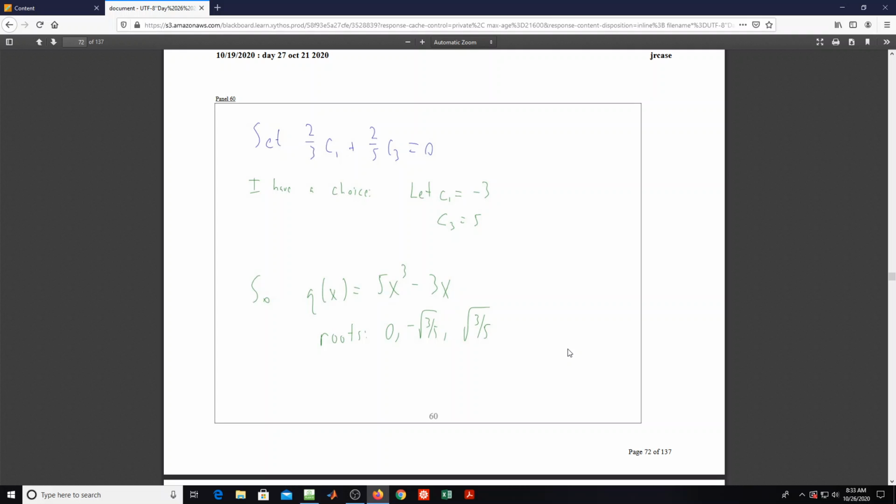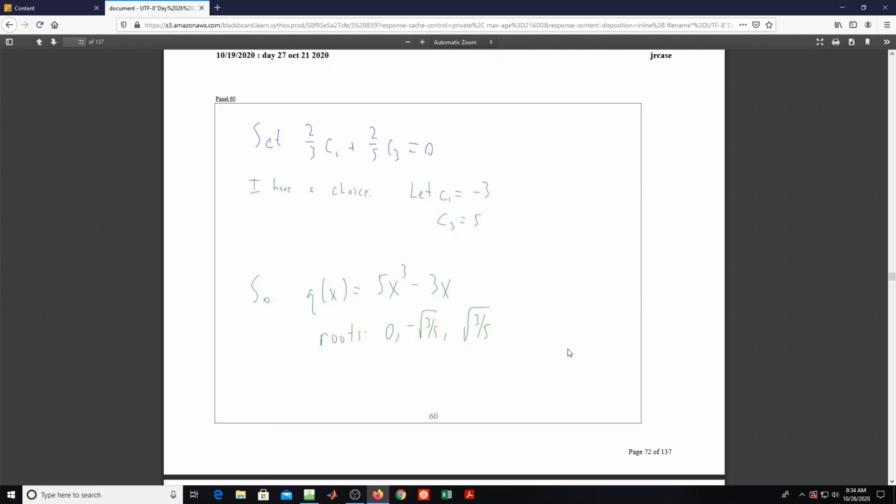In that case, you get -2 plus 2 is 0. So here is my polynomial, Q of x is 5x to the third minus 3x. And that's going to be my Q function.